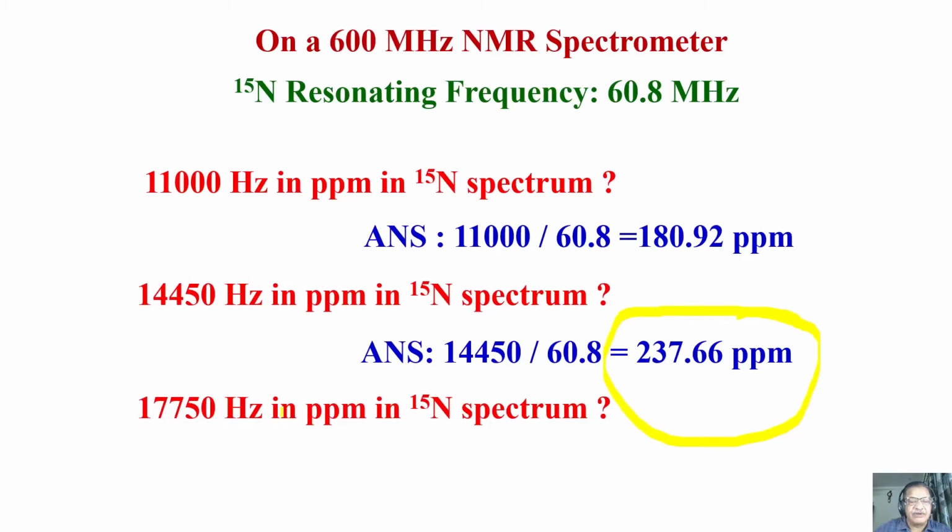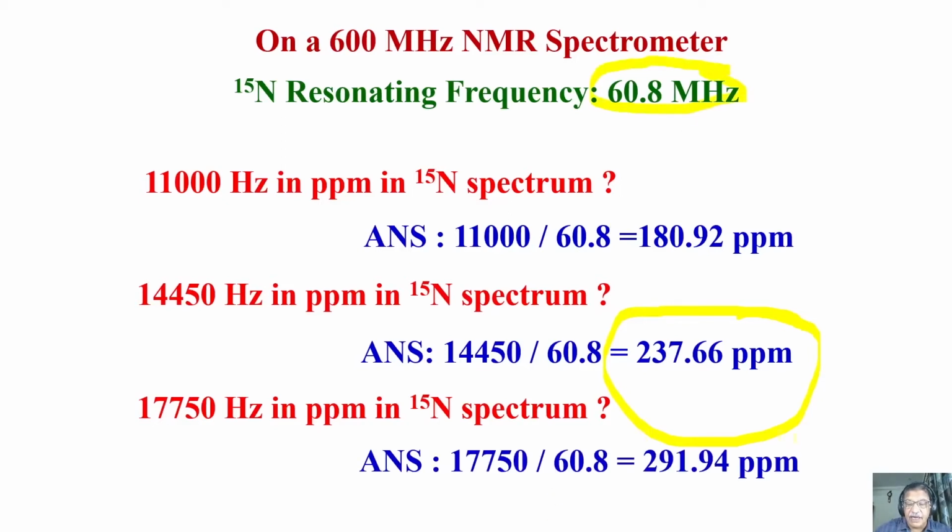If you want the answer in ppm, take this value, the resonating frequency is given as 60.8, divide by this, and this is the ppm value for nitrogen-15 in a 600 MHz spectrometer. Okay, with this, I'm sure all of us would have become familiar with frequency to ppm and ppm to frequency conversion. I have repeated this many times and given several examples just because it's a very important concept.